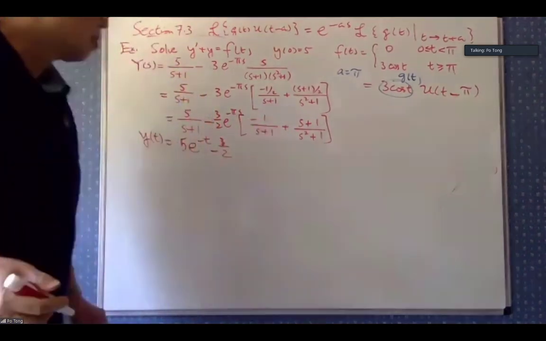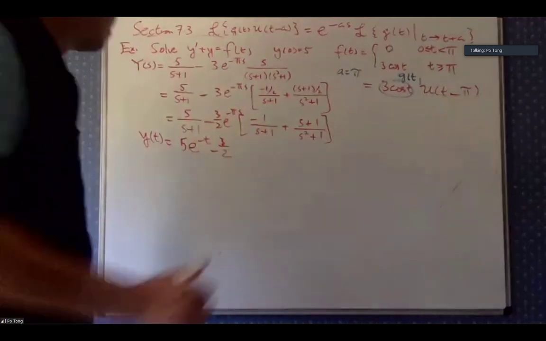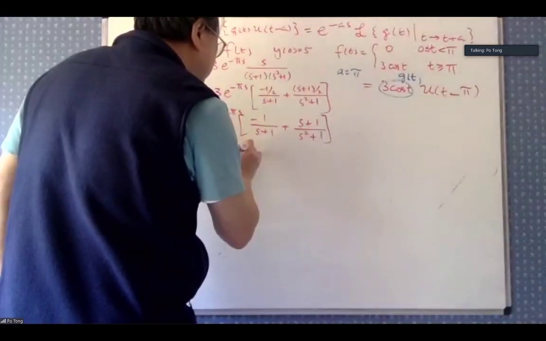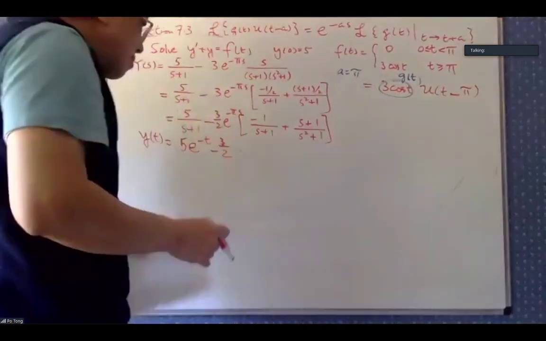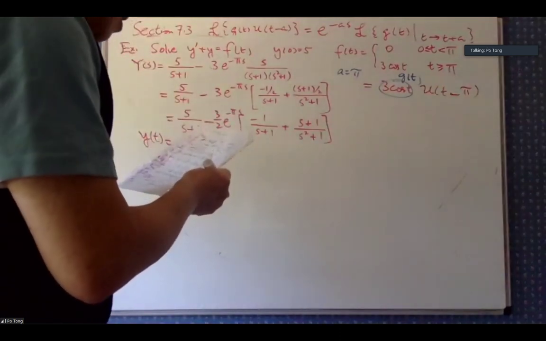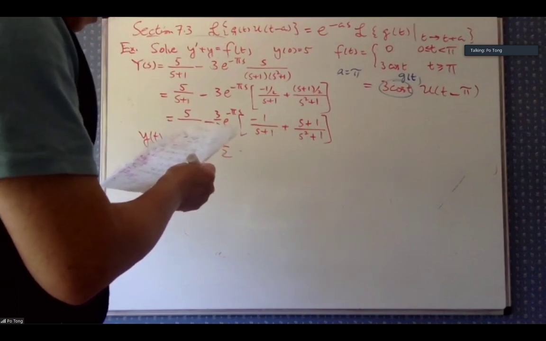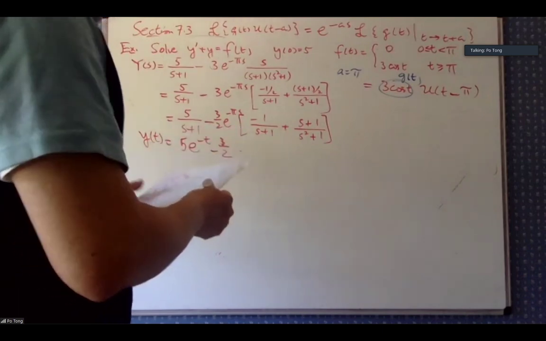Now I'm going to have to do the Laplace transform of each of these separately. Let me just write it out like this. What is the easiest way to think about it? Maybe I can do them together.